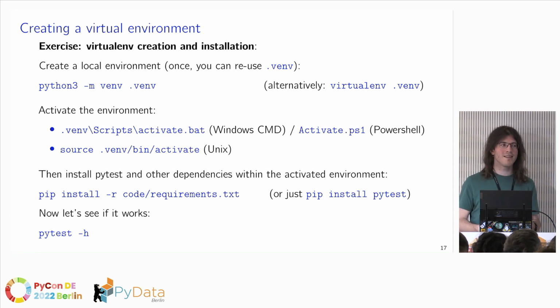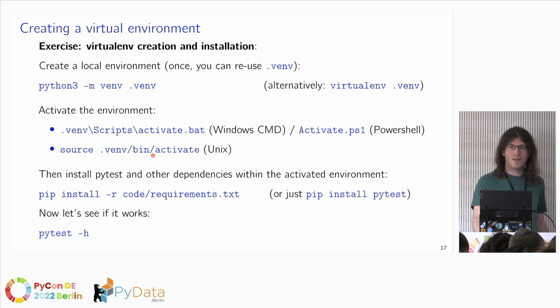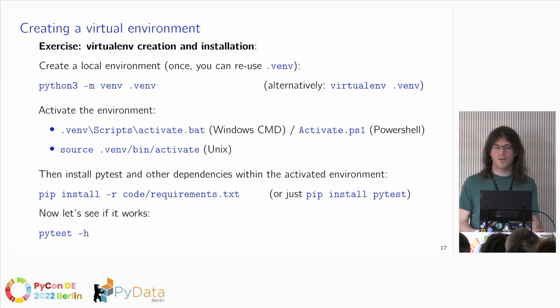So if you run pytest, you don't run your system-wide pytest anymore, or pip. You just run the pip or pytest in this .venv/bin directory. So if you prefer, or if you just want to try this out, you can also just run .venv/bin/pytest instead of activating anything, and you will be working within the virtual env.